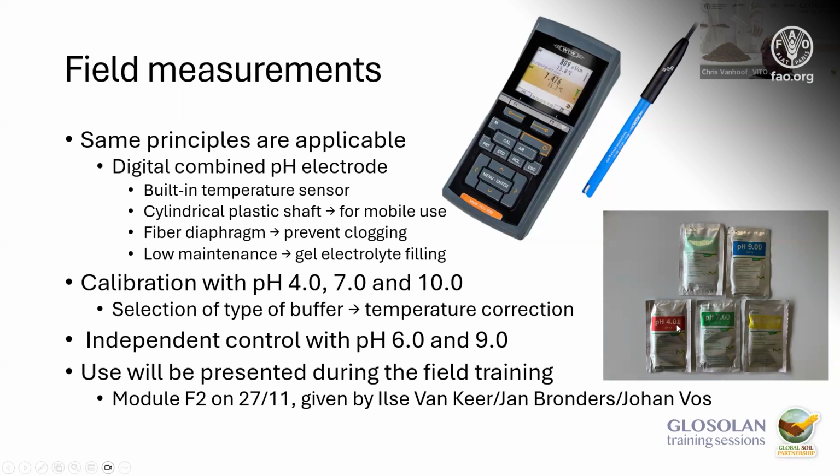So those are bags that are available. We will show it later on also in our laboratory, to show these bags that are used for the calibration. We also do an independent control with pH 6 and 9, and also for that, bags are available with buffer solution at that pH value.